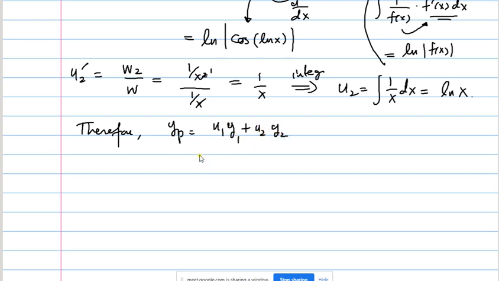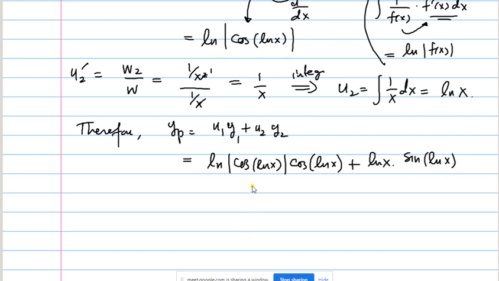U1 came out to be natural log of cosine log of x, and Y1 was cosine log of x, and U2 is just log of x, and Y2 is sine of log of x. So this is my YP.